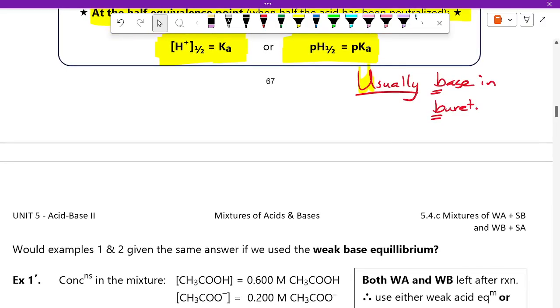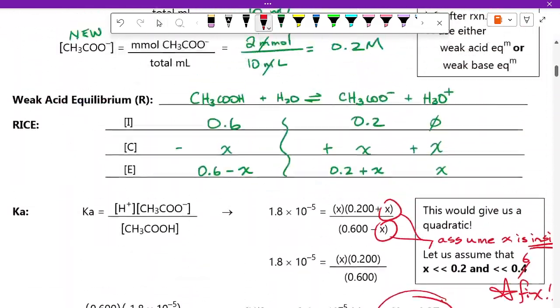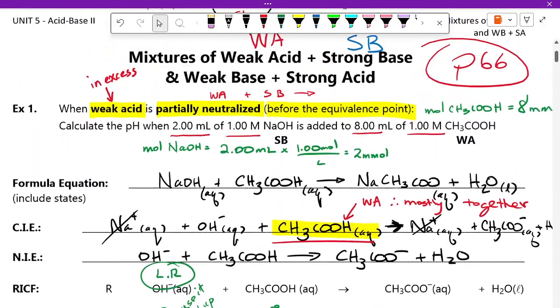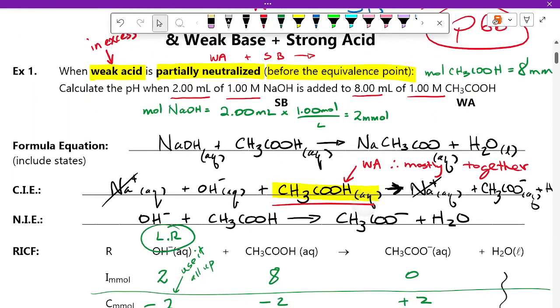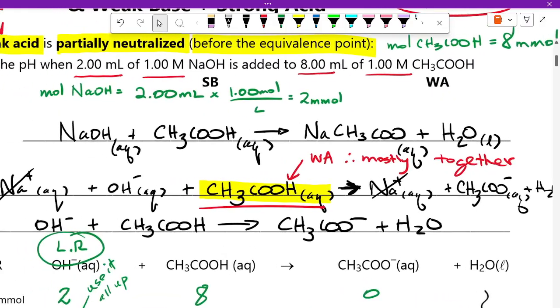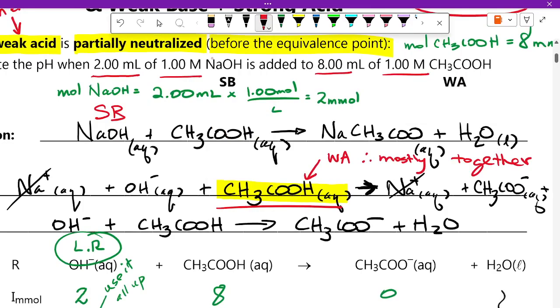Would examples 1 and 2 give the same answer if we use the weak base equilibrium? Now let's just go back and see why we were using the weak acid equilibrium. If you remember, we had our formula equation for our strong base reacting with our weak acid. Yes?